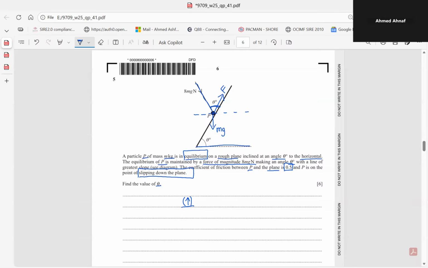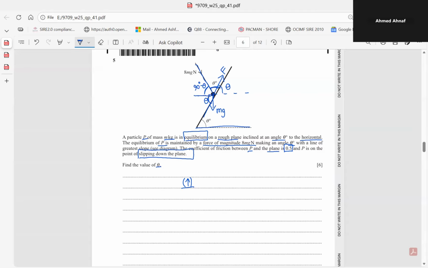So this angle, this is an alternate angle, so this is going to be theta. This is going to be 90 minus theta. And then for F, F is just theta because it's similar triangles, if you can see. Yeah, so let's equate it.